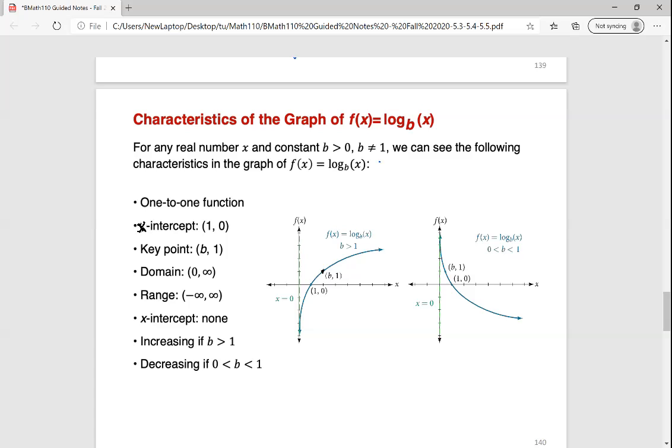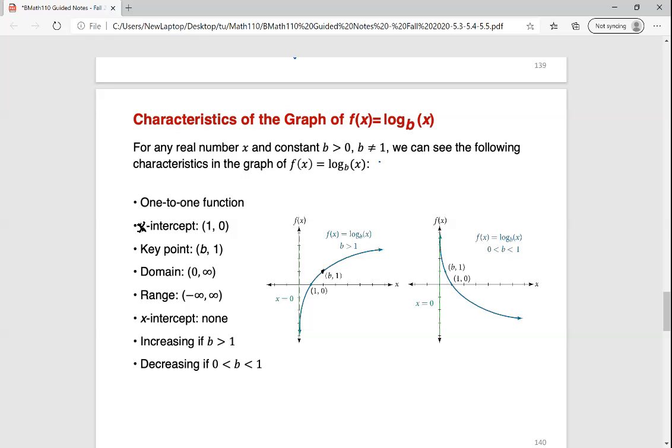It will always go through this point. And the domain is from 0 to positive infinity. And the range will be from negative infinity to positive infinity.